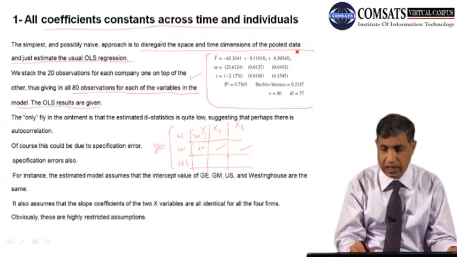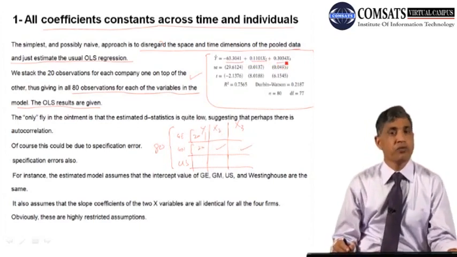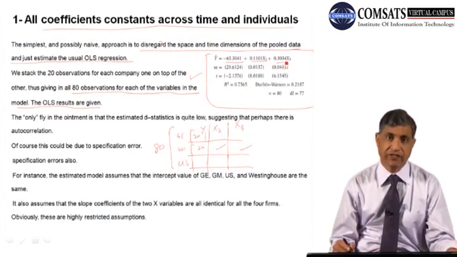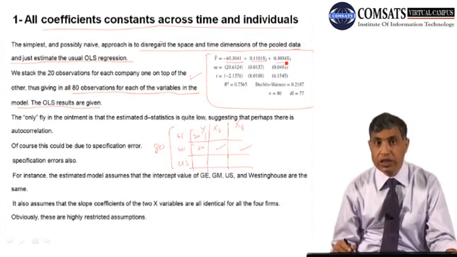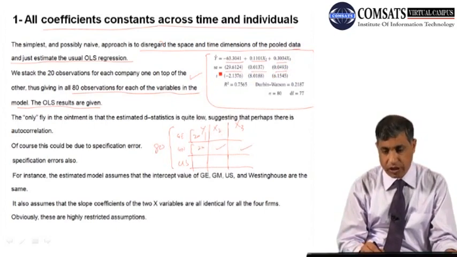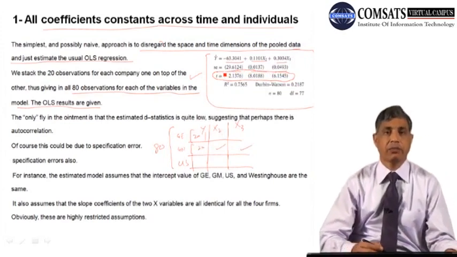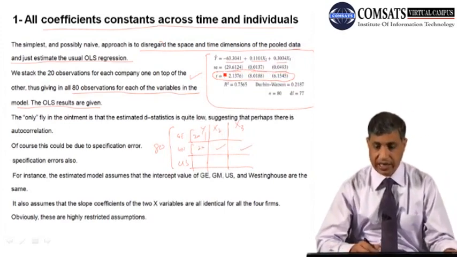Now look at this: this is beta 1, the intercept, beta 2, and this is beta 3. I am not going to interpret what is what. I am going to see whether the results are significant or not. Look at the standard errors. Our more interest is in the t values, because from here we can see whether the parameter is statistically significant or not.